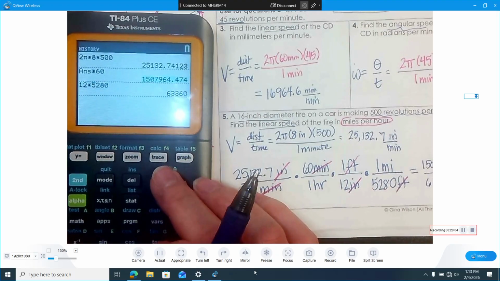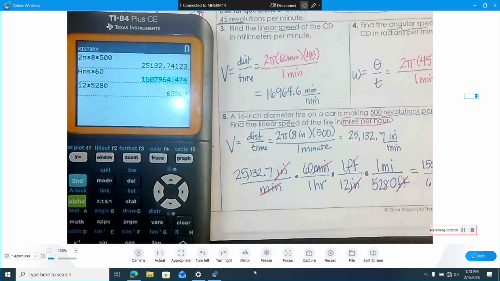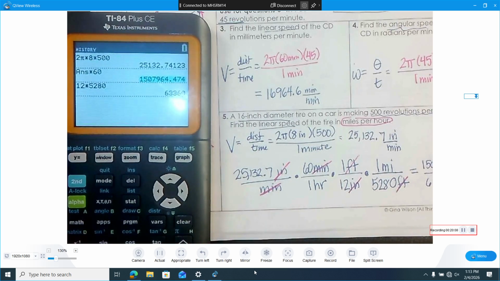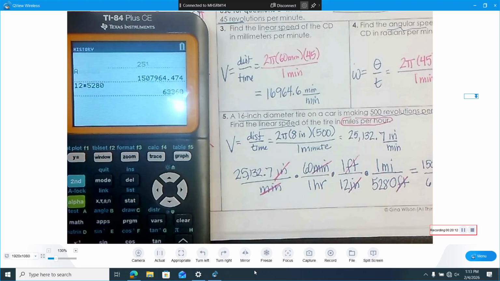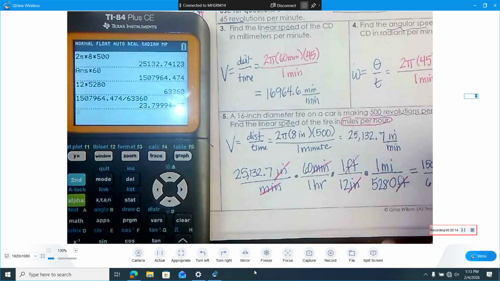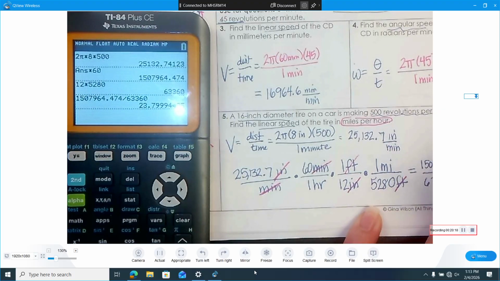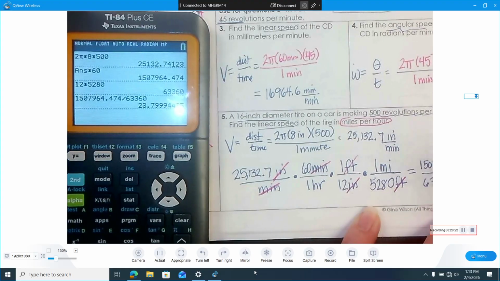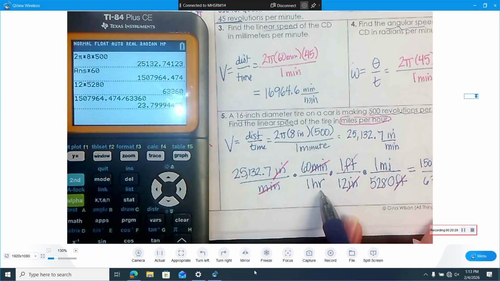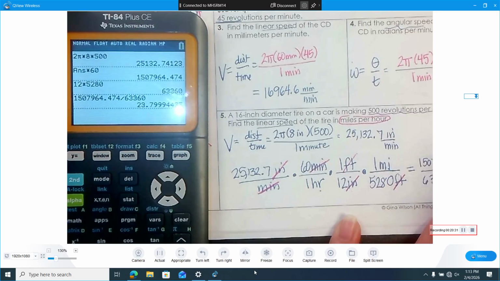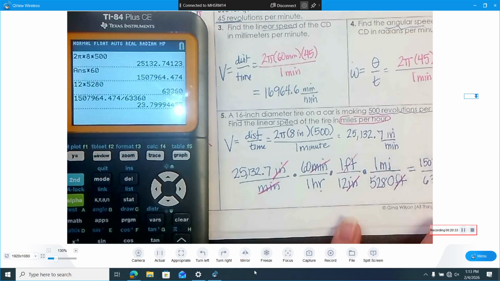All right, so now I've got my big 1.5 million there. I'm going to take that and divide it by 63,360. And I get 23.8. The only units left on the top are miles, and the only units left on the bottom are hours.